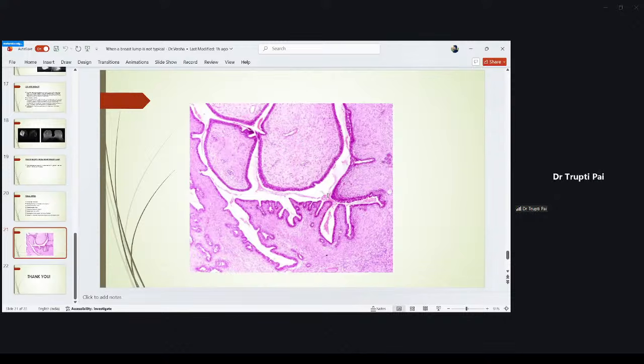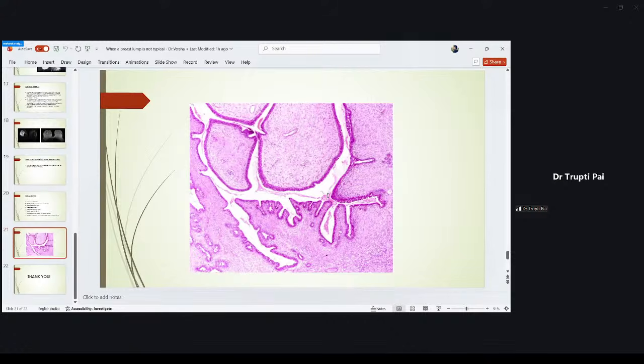There are subtle features when you get different cores. At low power, 1x or 2x, when we see a lot of small fragmented bits, it is one indirect way to say it is a phyllodes tumor, because it is a leaf-like structure, solid and cystic. When you do a biopsy, you tend to get very small pieces. Here you see leaf-like fronds, but at this power we cannot say.